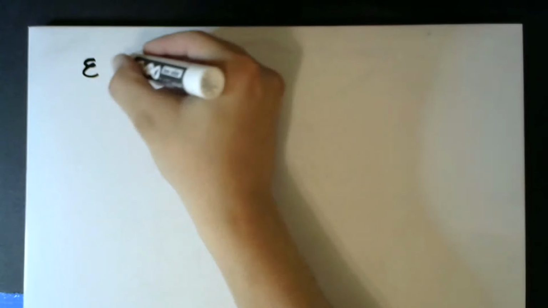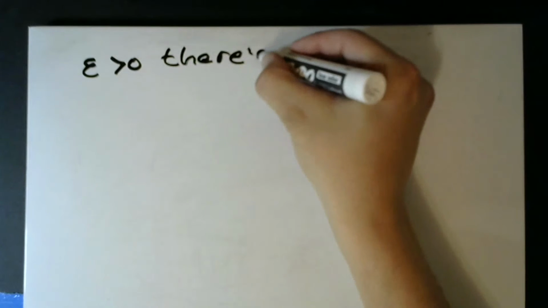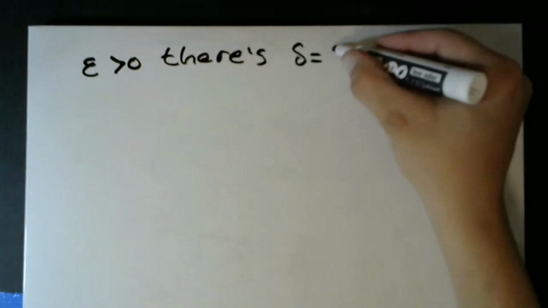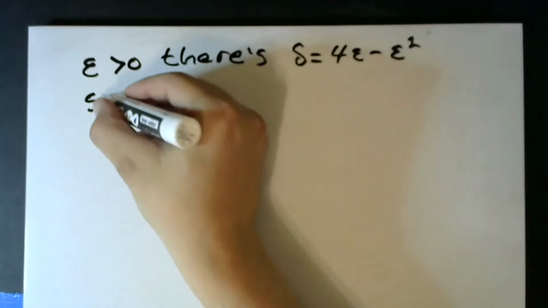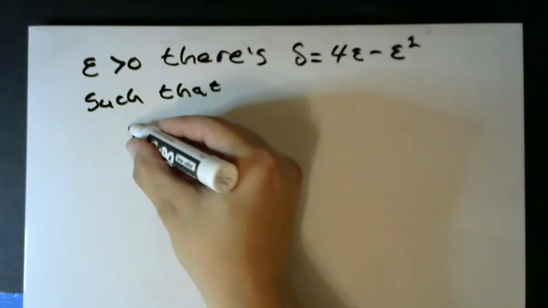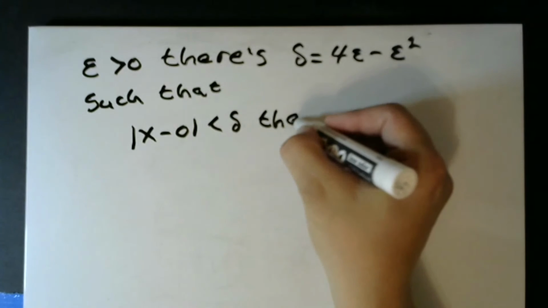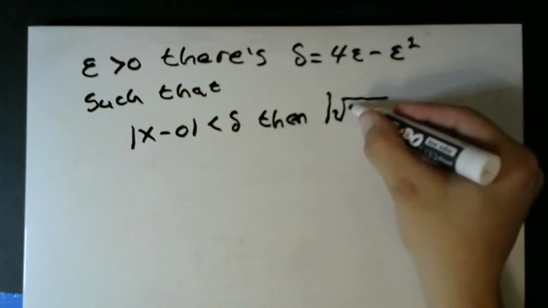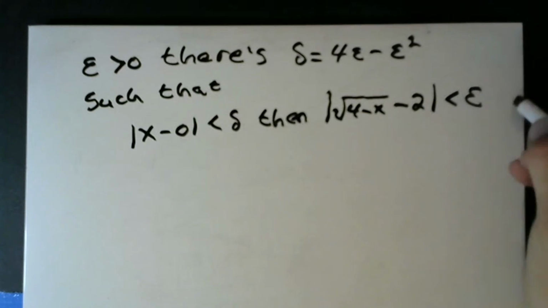And for the final answer, for any epsilon greater than 0, there's delta equal to 4 epsilon minus epsilon squared, such that when the absolute value of x minus c, which is 0, is less than delta, then the absolute value of f of x minus the limit 2 is less than epsilon.